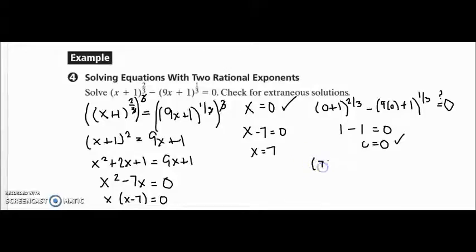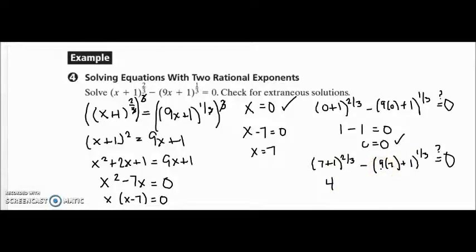So let's try x equals 7. So we end up with 7 plus 1 to the 2/3 minus 9 times 7 plus 1 to the 1/3. And I want to know, is that equal to 0? All right, so 7 plus 1 is 8. The cube root of 8 is 2, and then 2 squared is 4.